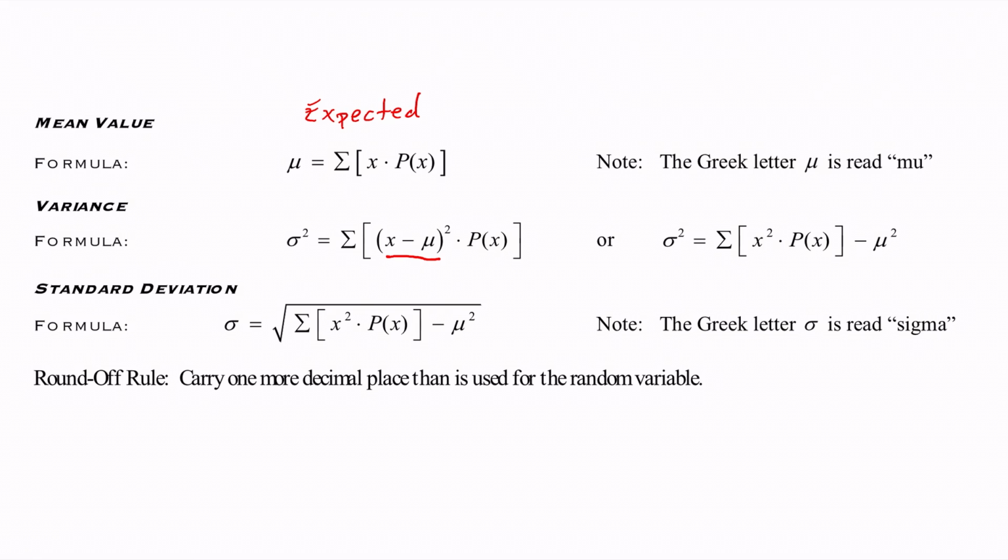And over here is maybe an easier way to compute it, and that'll give us the variance. Then to get the standard deviation, we just take the square root of that. And then of course we also have another round off rule, which is similar to other cases, where we're always going to round to one more decimal place than what we see in the data.